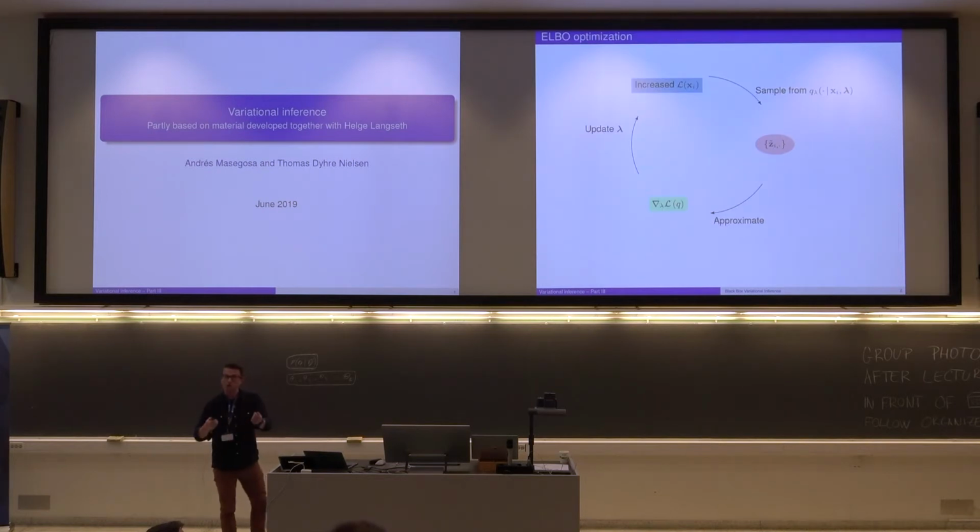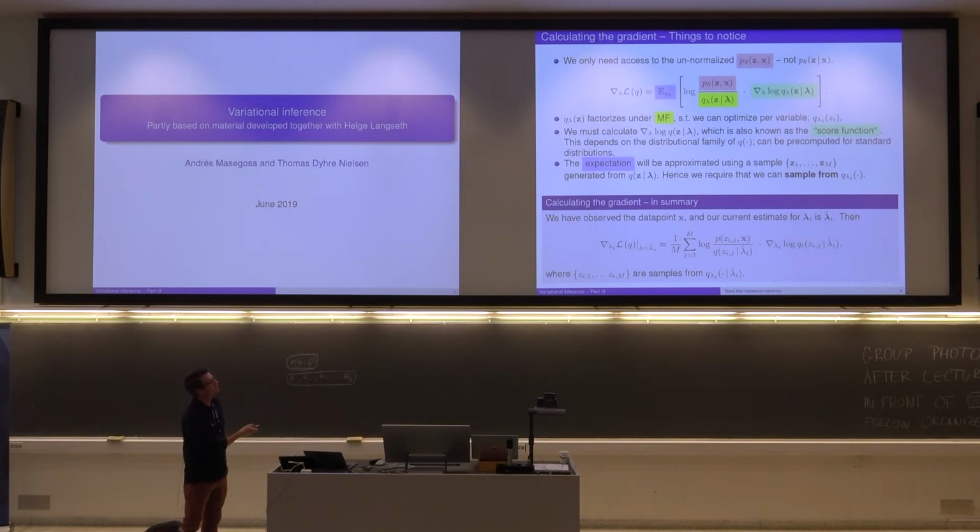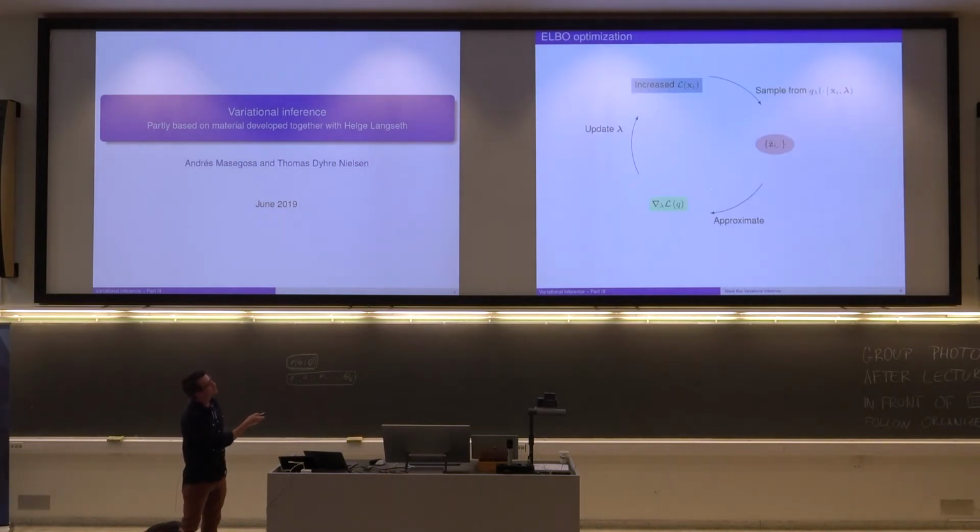So our approach for doing black box variational inference is to look at our ELBO, and in order to increase that, we generate samples from our variational distribution. These are the samples that we generated. We use our approximation here to get an approximation of the gradient for our ELBO. We perform a step in our ELBO space according to a gradient ascent scheme.